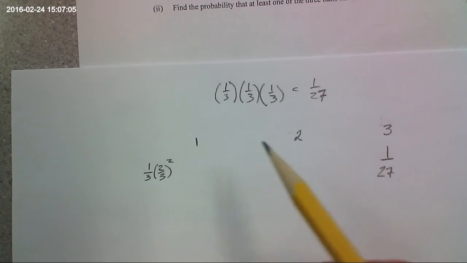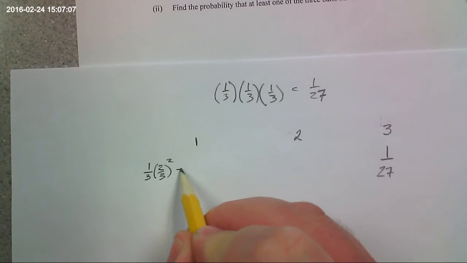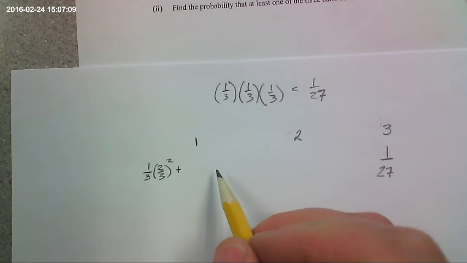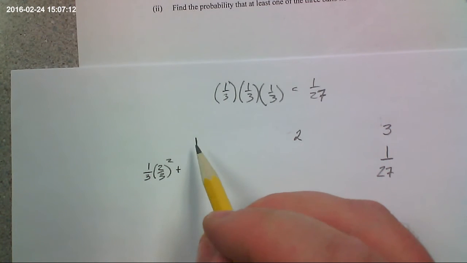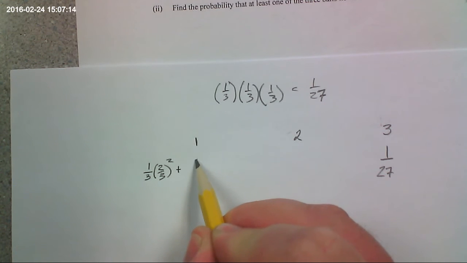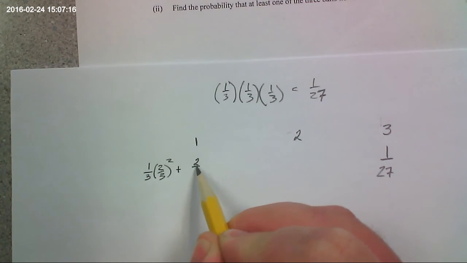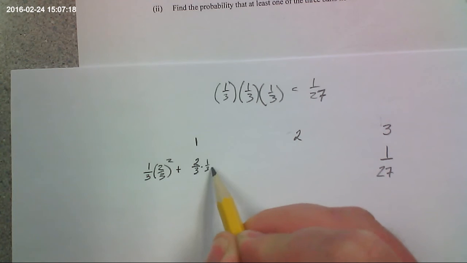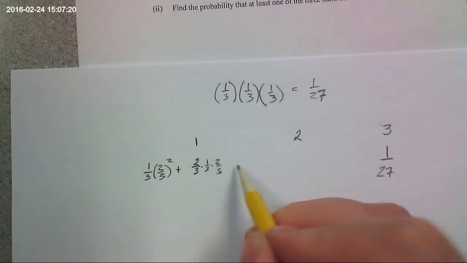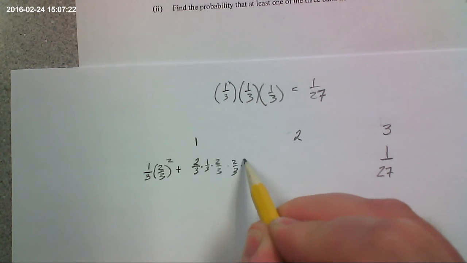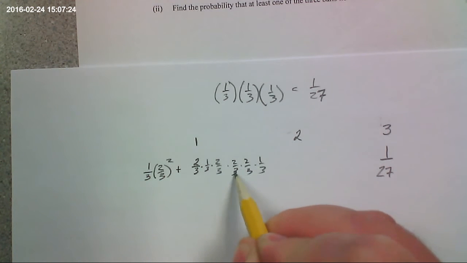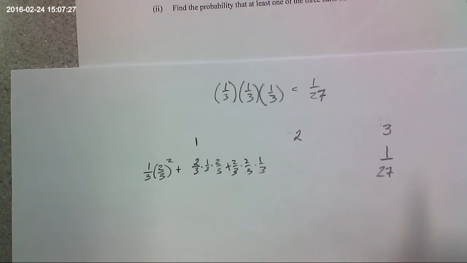This could happen in 3 ways. Plus, she could miss the first time, hit the second time, miss the third, or she could miss the first 2 and hit the third.